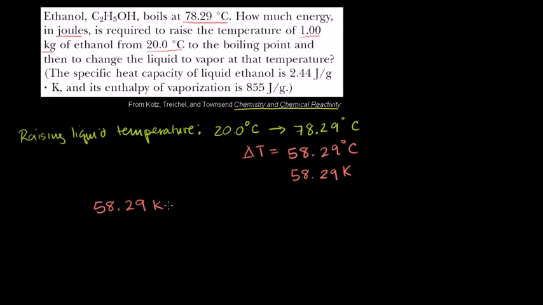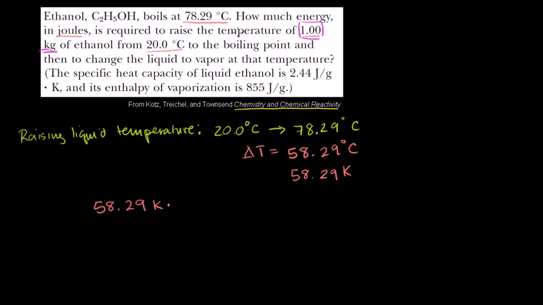Now, how much ethanol are we trying to boil? Well, it tells us right over here. It tells us that we're dealing with 1 kilogram of ethanol. And everything else they gave us is in grams.